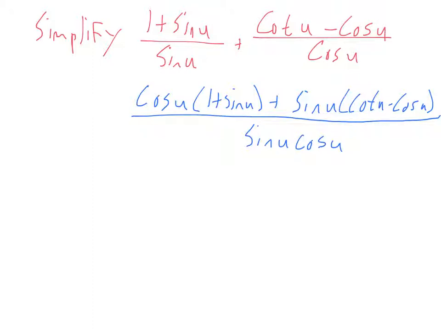We notice at this point everything is in terms of sine and cosine except for this cotangent right here. And so we're going to bring to bear that other strategy too. Let's go ahead and get this cotangent entirely in terms of sine and cosine, write it as cosine over sine, which is going to be convenient in a second here. But I'm going to go ahead and distribute in the numerator here. I'll get cosine u plus cosine u sine u, and then plus sine u times cosine over sine.